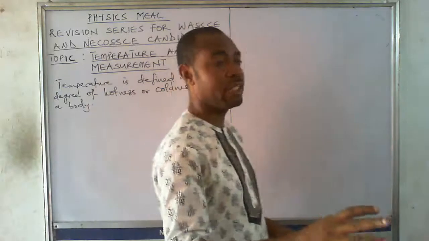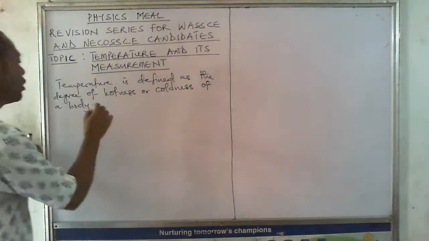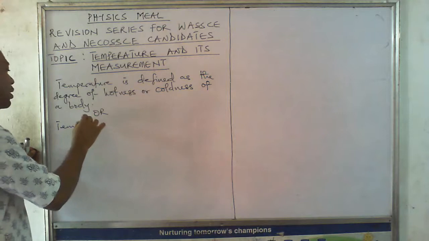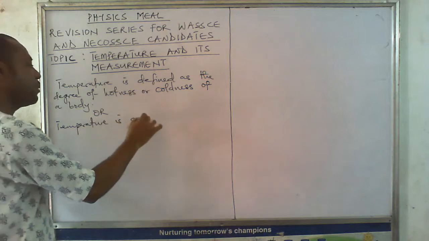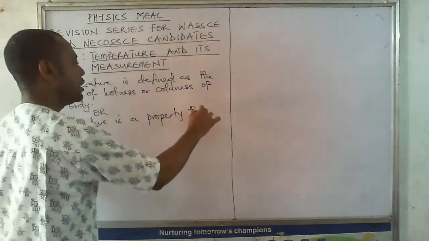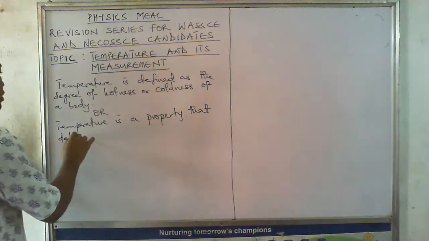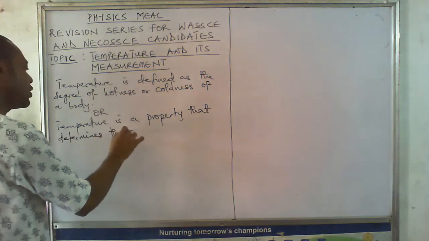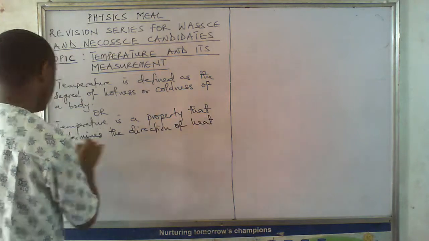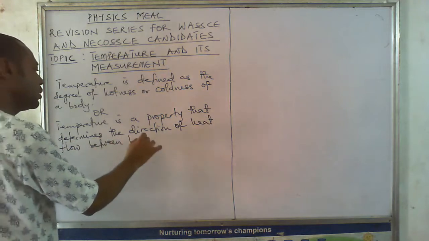We can also define temperature in another way. We say that temperature is a property, precisely a thermodynamic property, that determines the direction of heat flow between bodies.